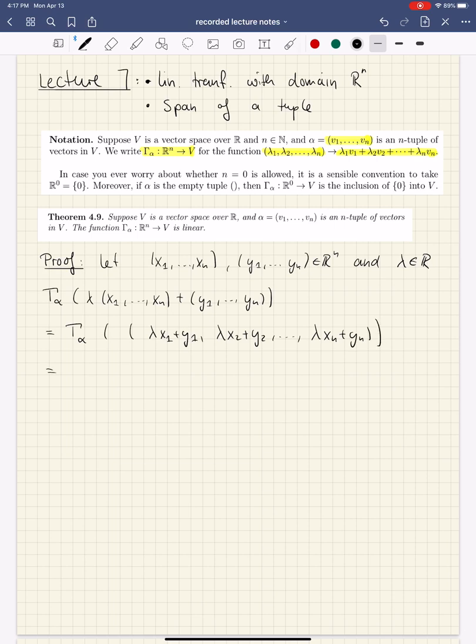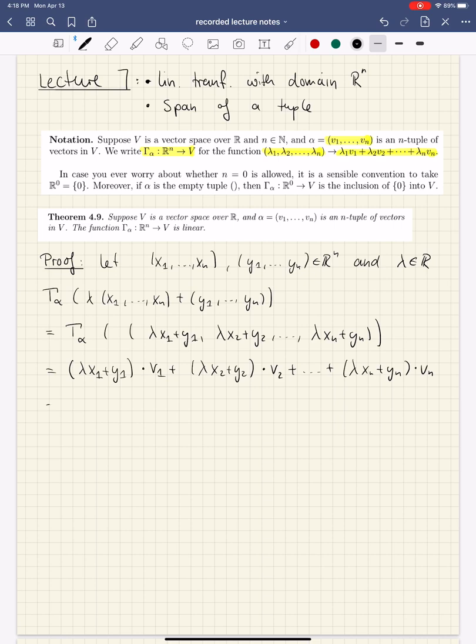And now by the definition of gamma alpha, because alpha is this tuple v1 through vn, this is equal to the first element in this element of R to the n times the vector v1, plus the second one with scalar multiplication with v2, all the way up to lambda xn plus yn times vn.